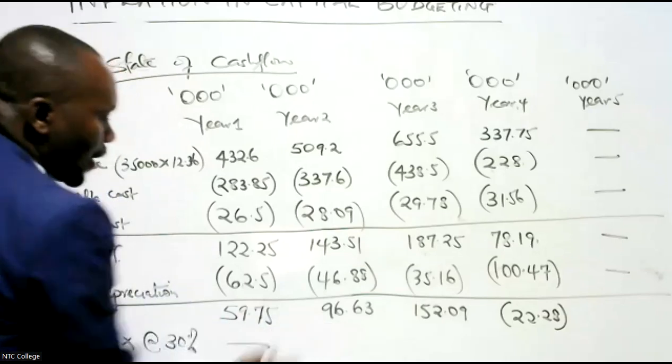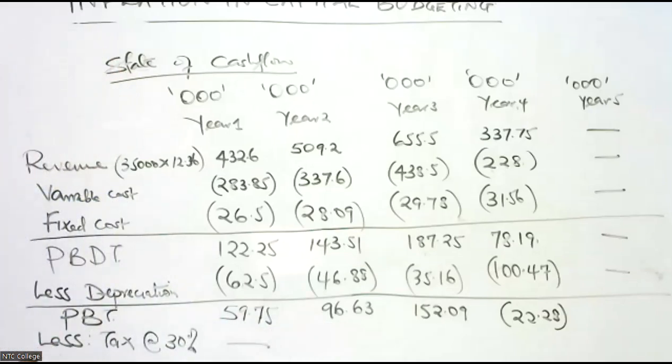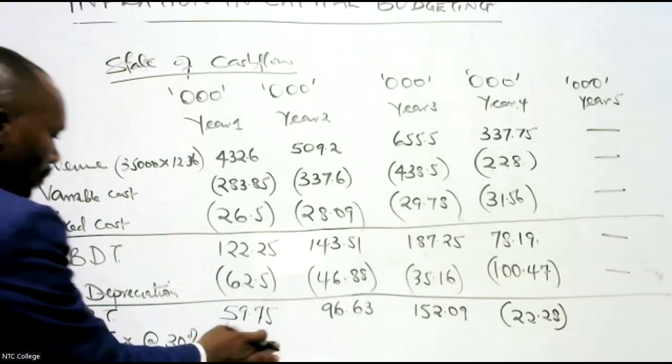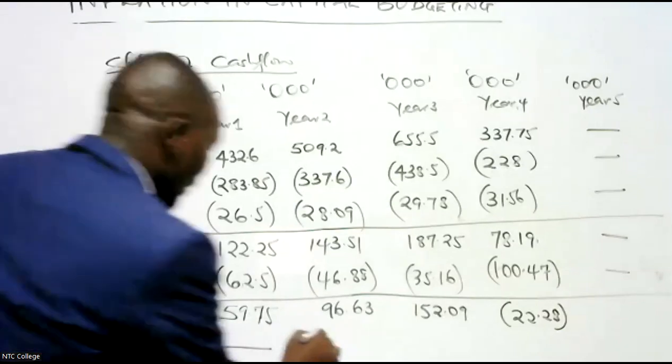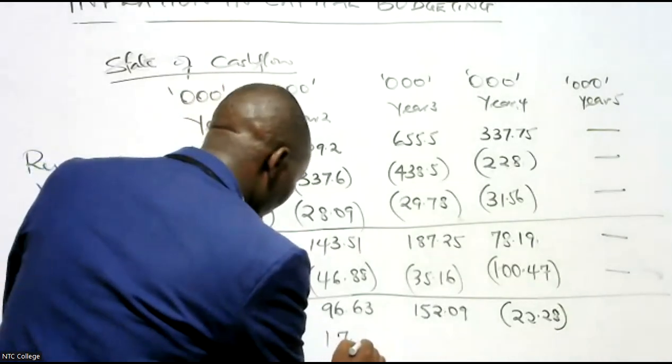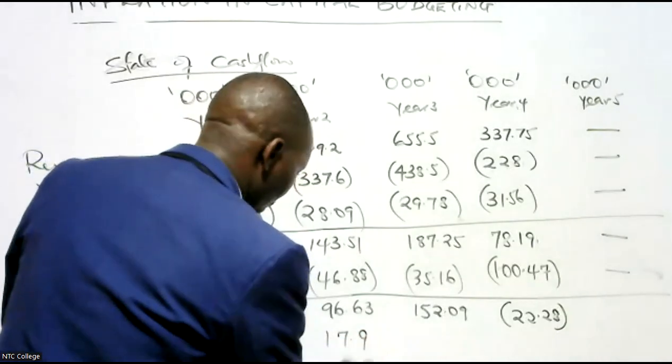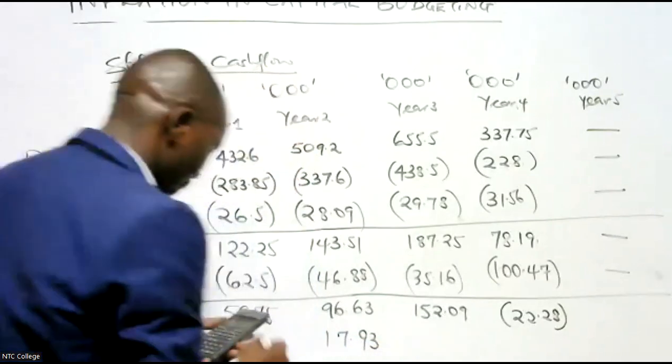Tax for the first year we deduct in the second year. Are we together? That is what we did the other time. That is what we mean by arrears. So it is 17.93.